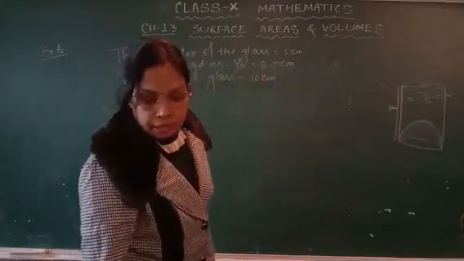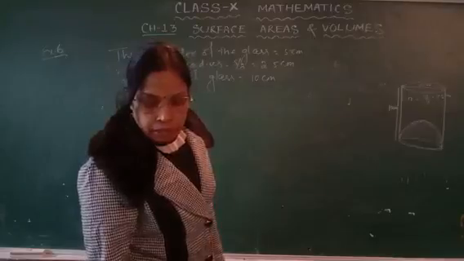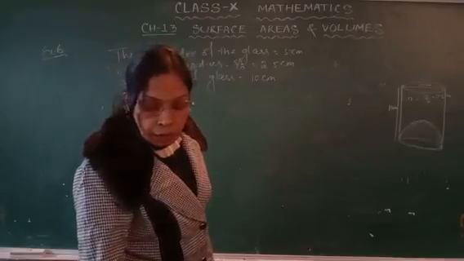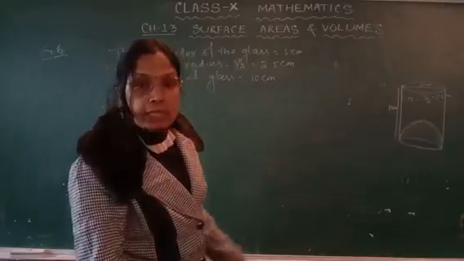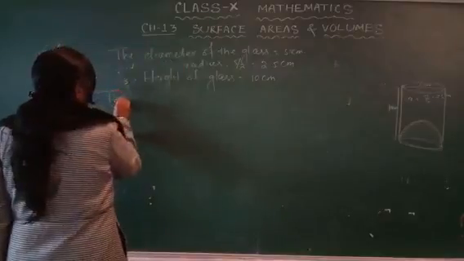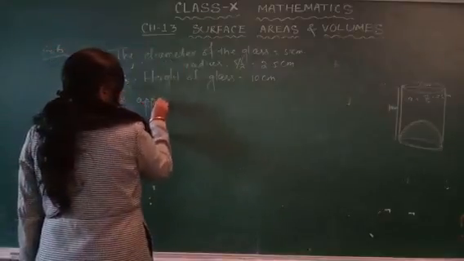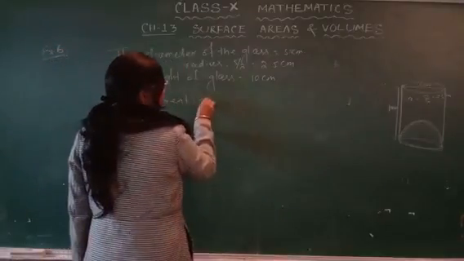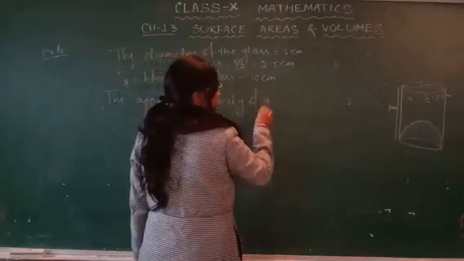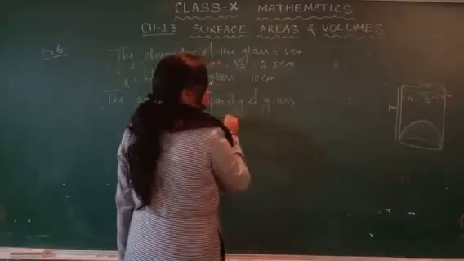Okay. Then, if the height of the glass was 10 centimeter, find the apparent capacity of the glass and its actual capacity. So first you find the apparent capacity of the glass.